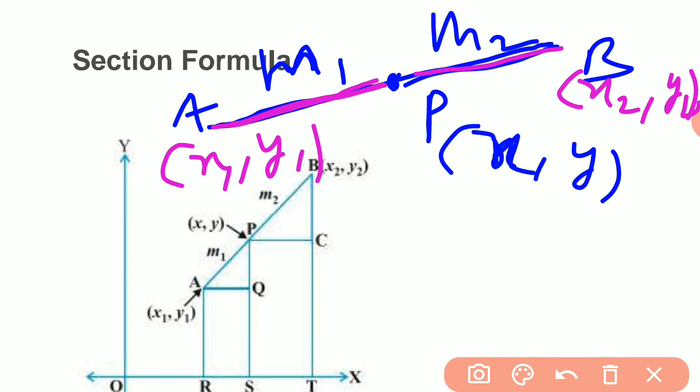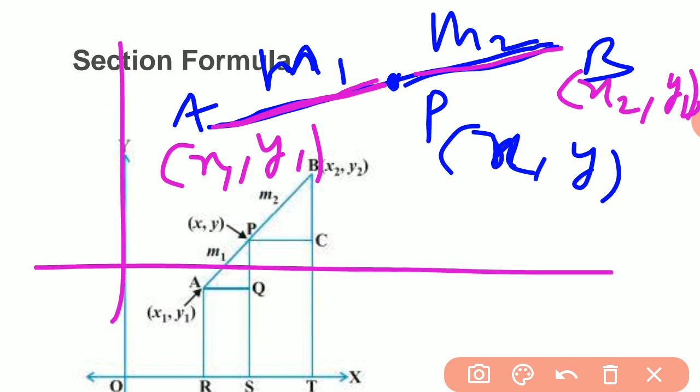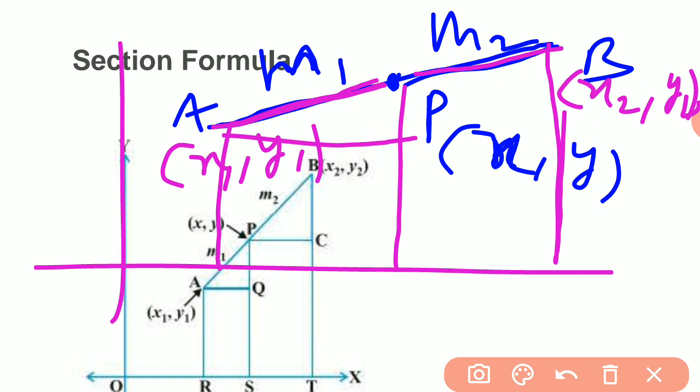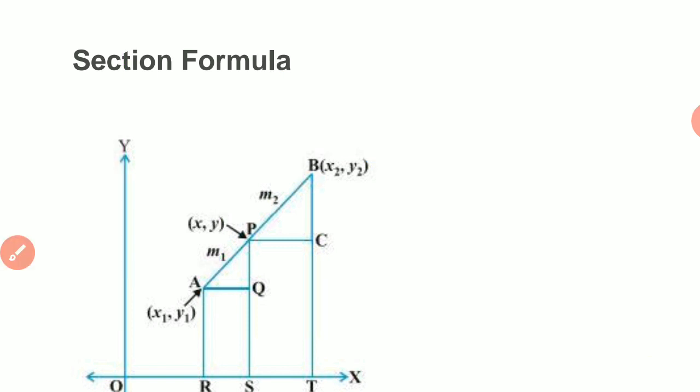For this we will draw a Cartesian plane and draw perpendiculars from here, here, here, and then similarly from here to here and here to here, and then we will equate these two similar triangles and find the result.